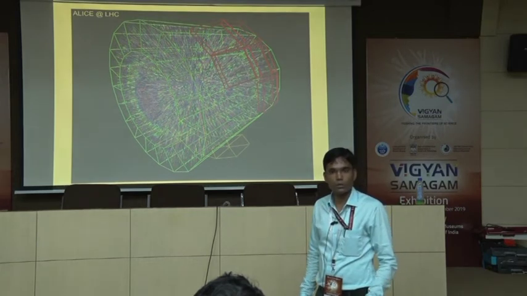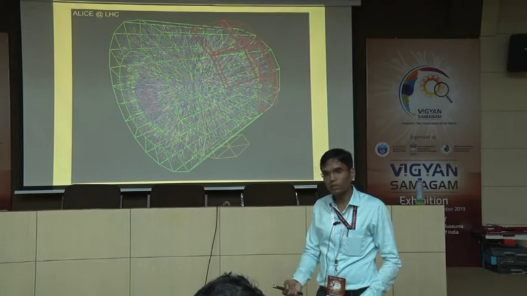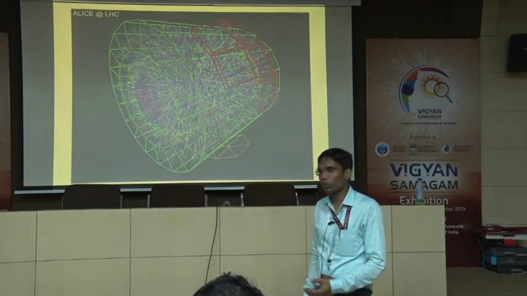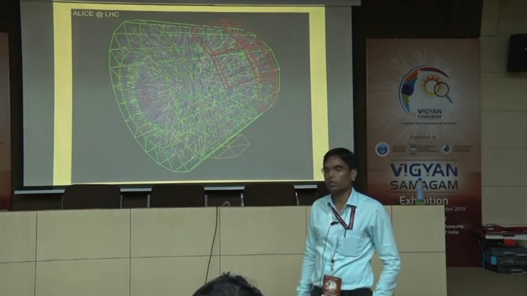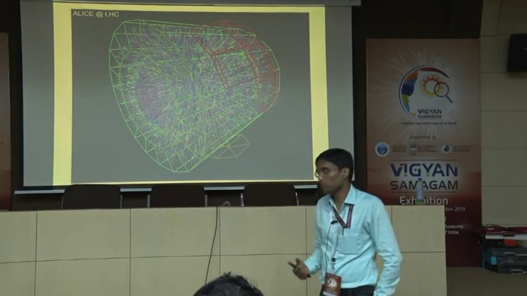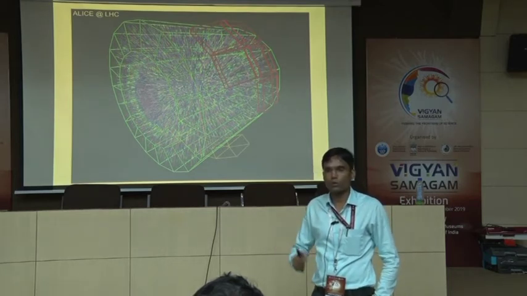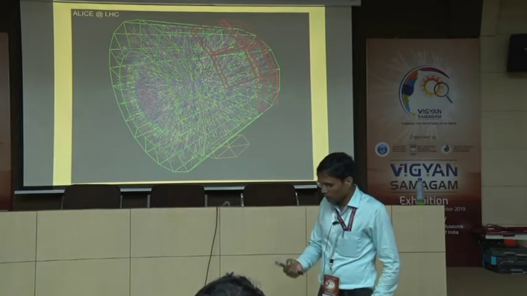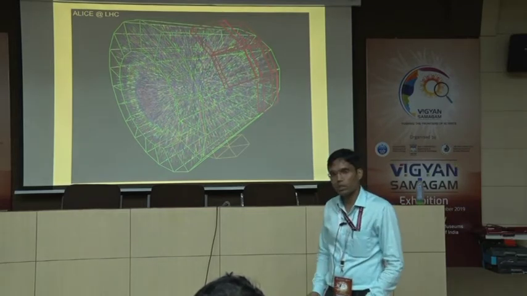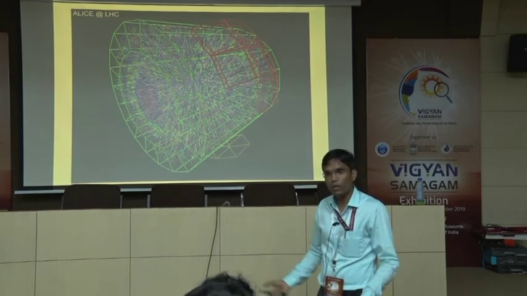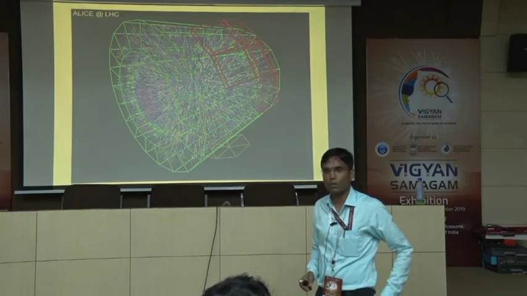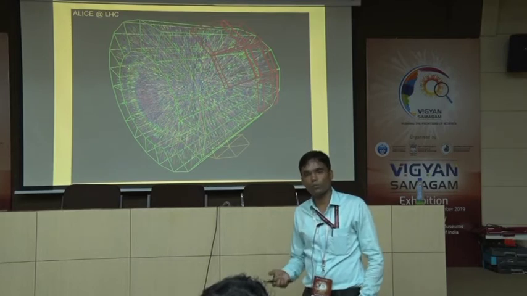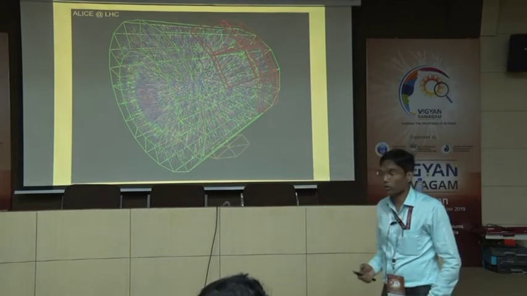This happens in a very small time, of the order of 10 to the power minus 23 seconds, so you cannot even think of something in that small time. From that information you have to understand the system, which is not so straightforward.